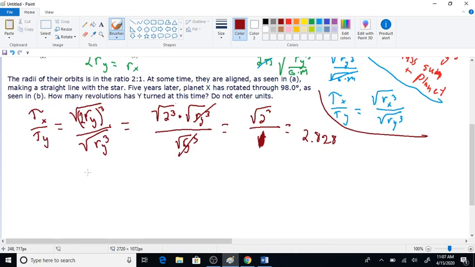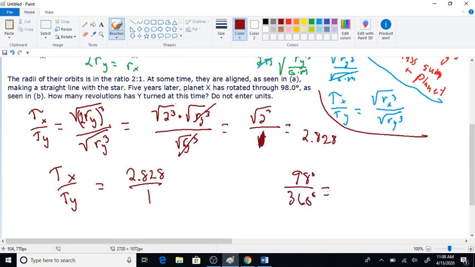So, but what's the ratio? So the ratio is of this equals, all right, well, X went 98 degrees. Well, 98 degrees is what fraction of a revolution?